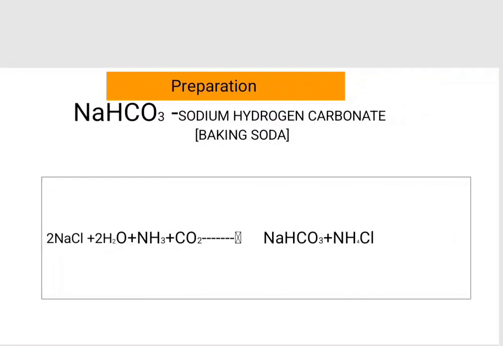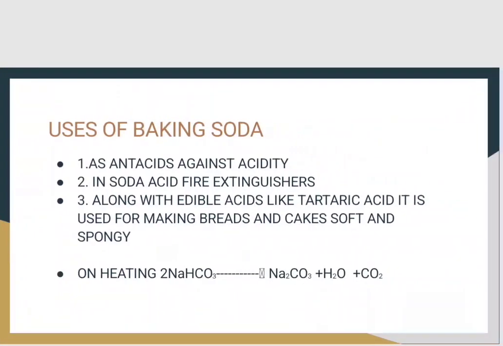Next, the third part is preparation of NaHCO3, sodium hydrogen carbonate. This is what we call baking soda. Here we use common salt, NaCl, plus water, ammonia gas and carbon dioxide. We get NaHCO3 and NH4Cl also. Uses of baking soda: in antacids, to act against acidity.